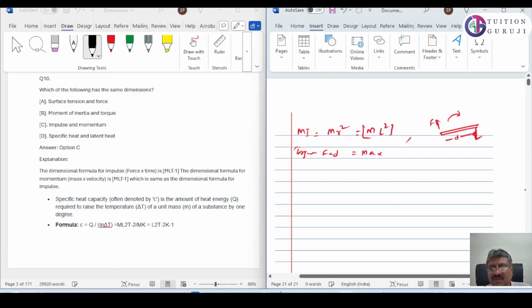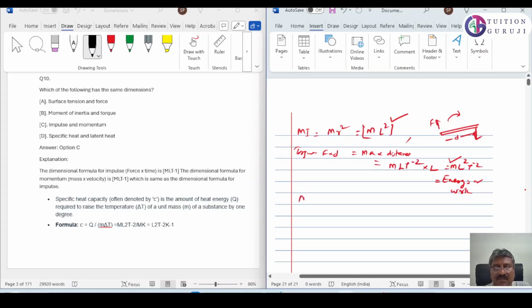Force is mass into acceleration, M L T raised to minus 2, into distance L. So it is M L square T raised to minus 2, nothing but energy or work. So torque has the same dimension as work. Moment of inertia has dimension M L square, and torque has M L square T raised to minus 2. So it is not the same.